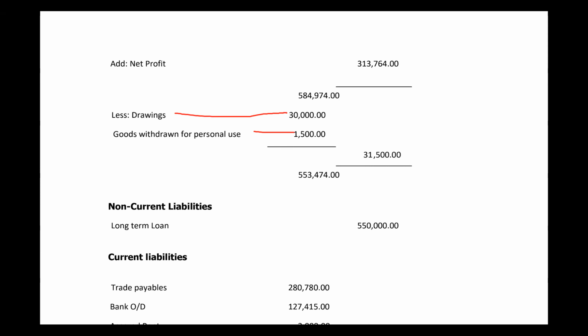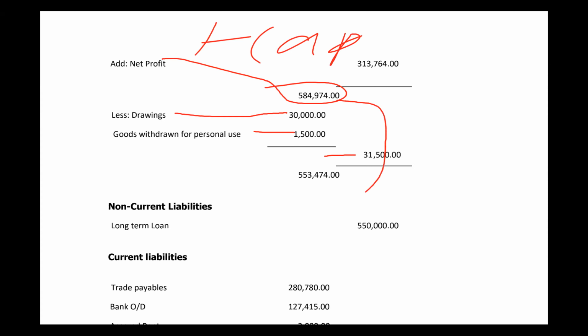So you subtract all that, which amounts to 31,000, from the sum of net profit plus the capital. Okay, you remove this from that so that you get the total capital and equity.